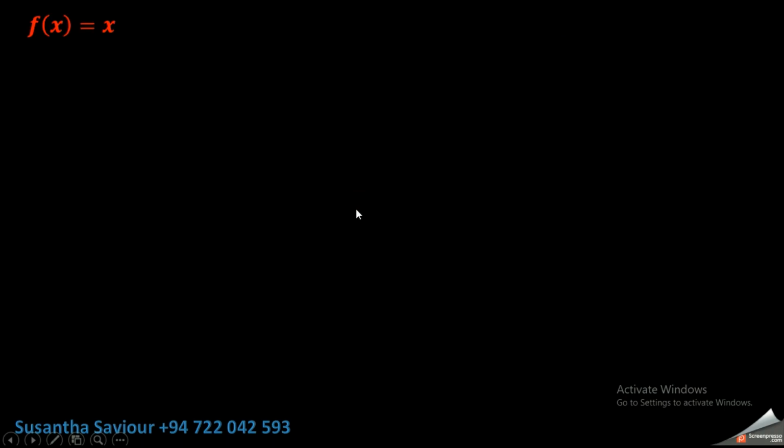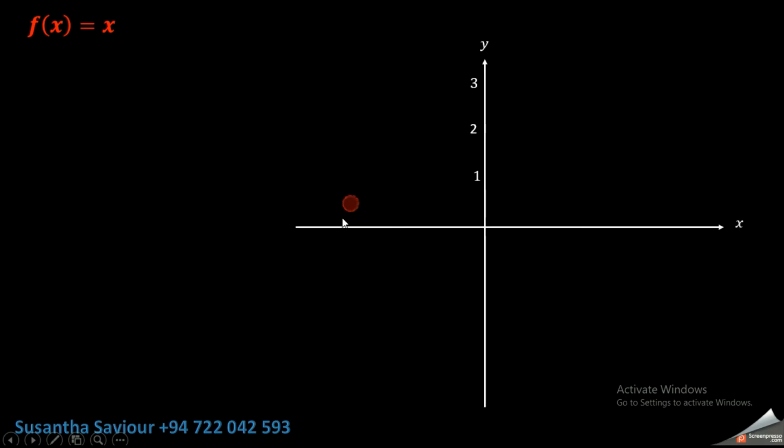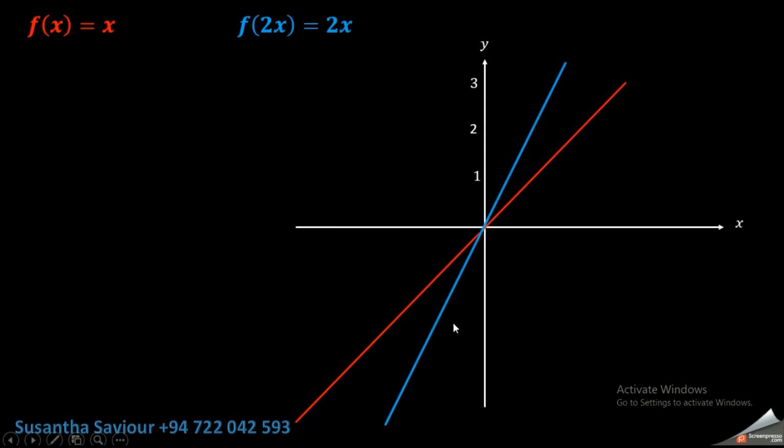This is y equals x, or f(x) equals x, right? And then when you look at f(2x), it is 2x, then it will be moving like this. Get this.